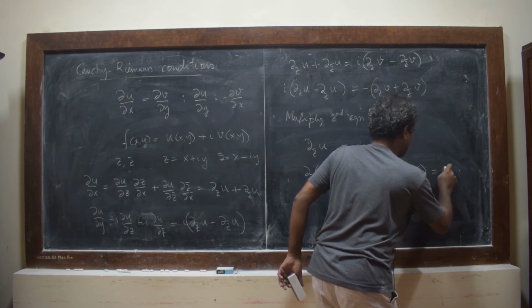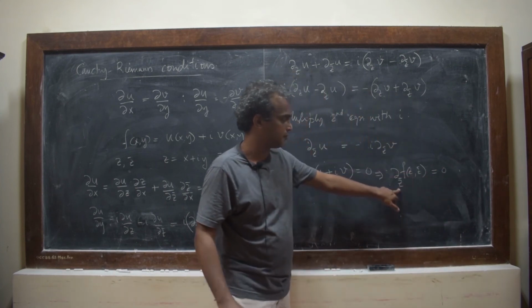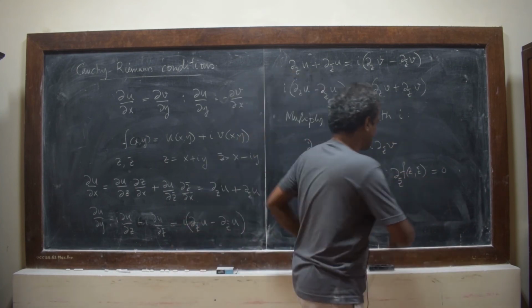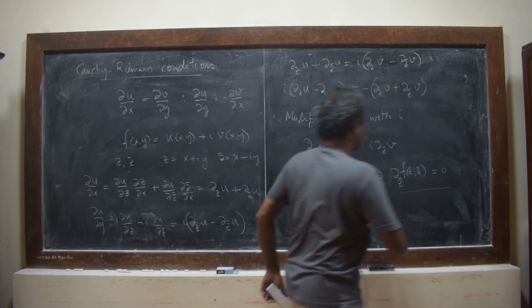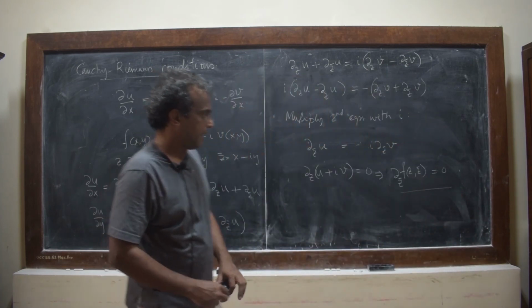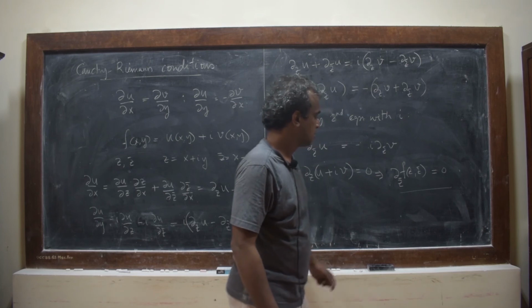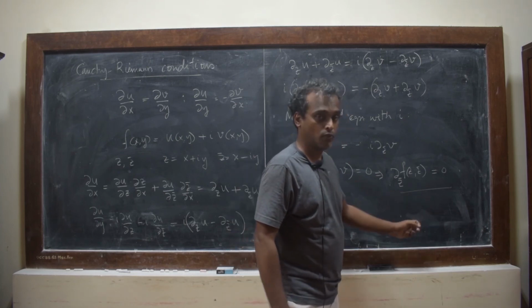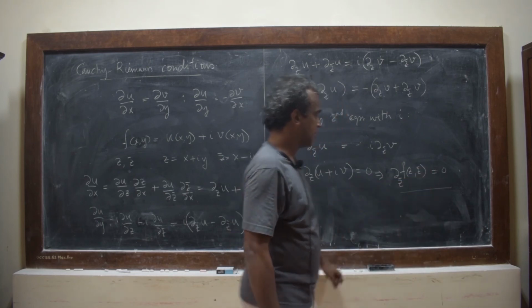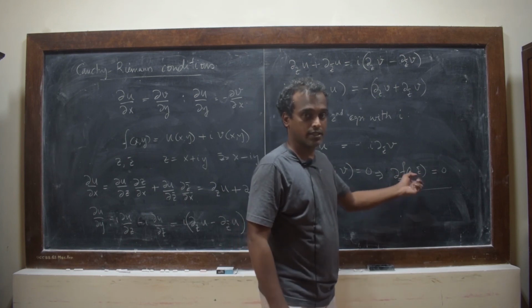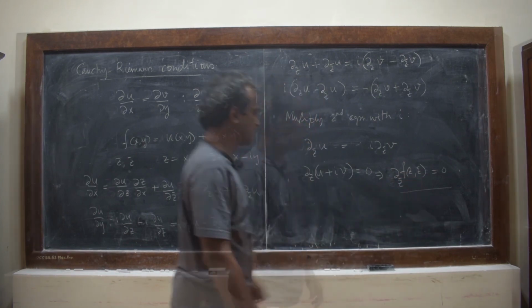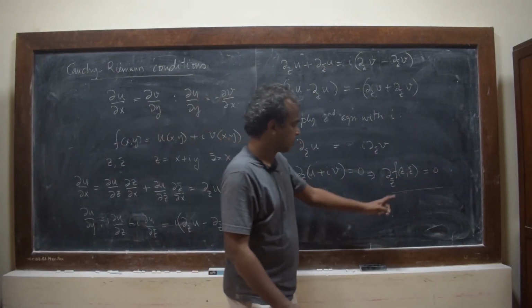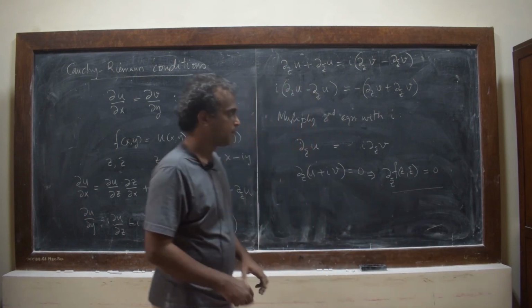So, it must satisfy the condition that the partial derivative with respect to z bar must vanish. So, we can say that this is the form of one of the Cauchy Riemann conditions when we express it in complex coordinates. It is important to observe what the meaning of such an equation would be.